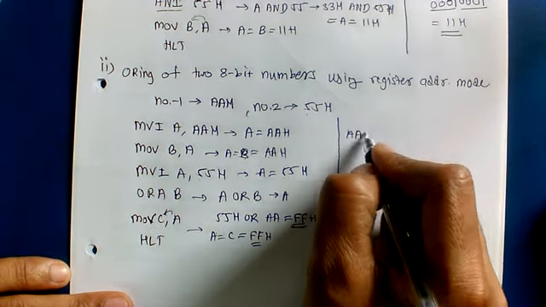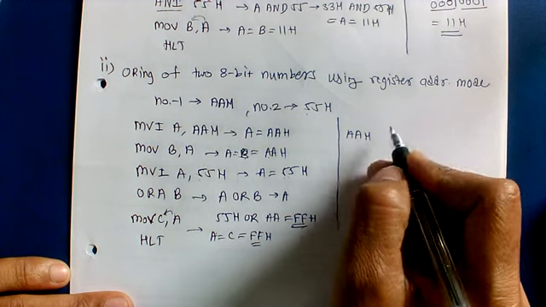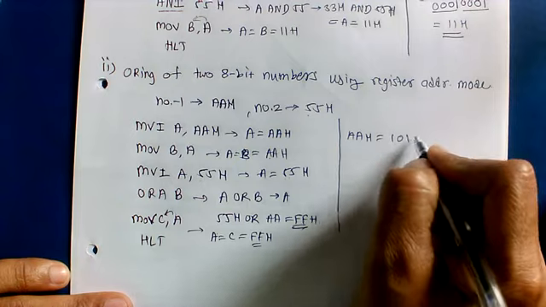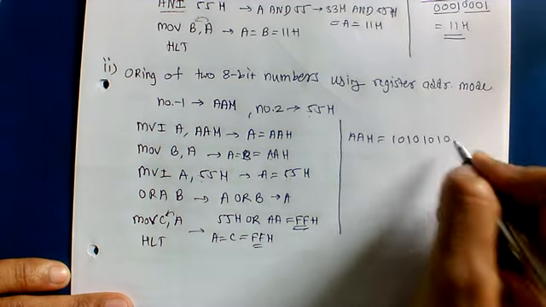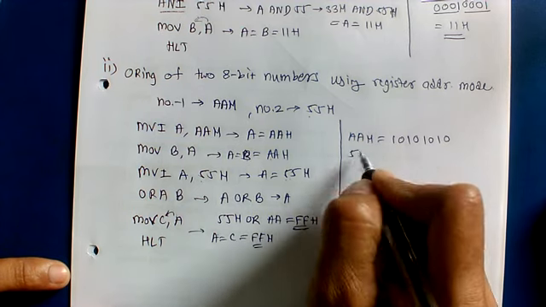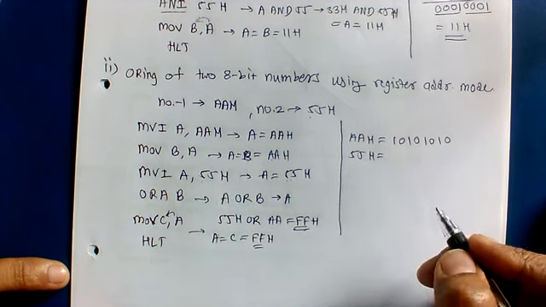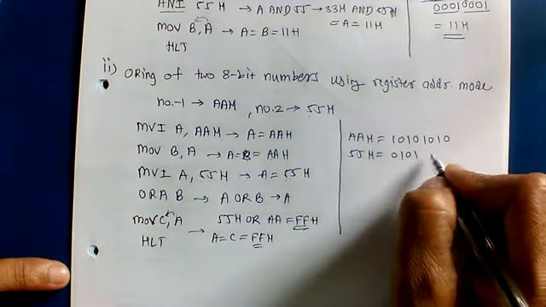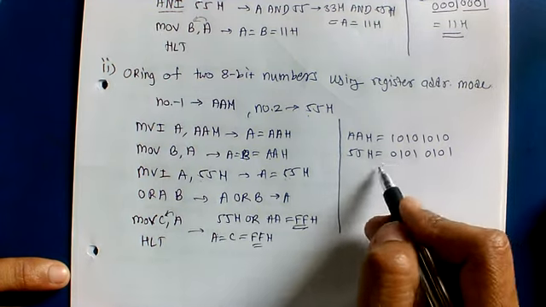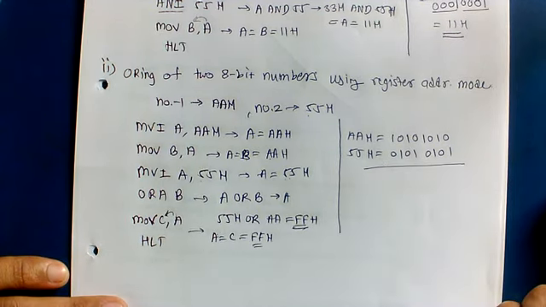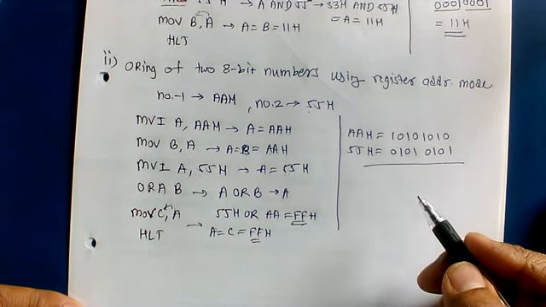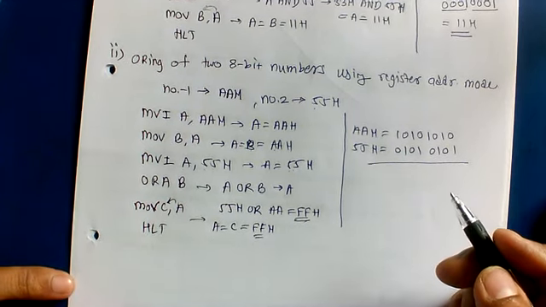AAH we will write in binary: 1010 means A, 1010 and 1010 means AA, and 55H, that is 0101 and 0101. Then the ORing operation. In case of the OR operation, you know very well, if any one bit is 1, you will get output 1.